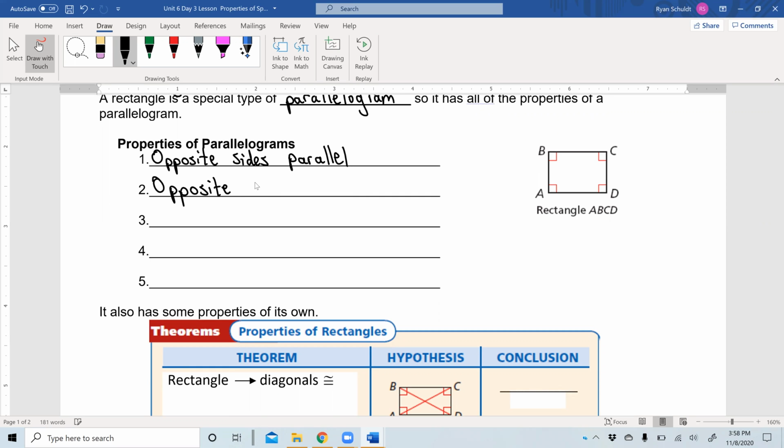Again, clearly a rectangle has that. Opposite angles congruent. So we've got opposite sides congruent, opposite angles congruent. What's another property?